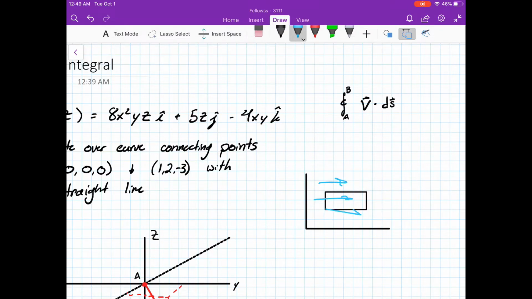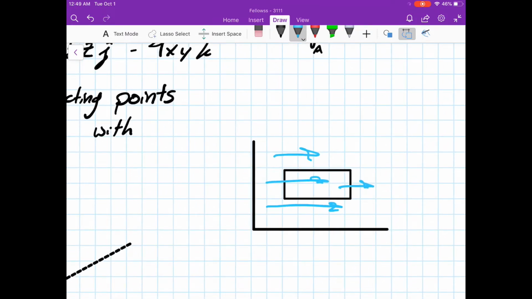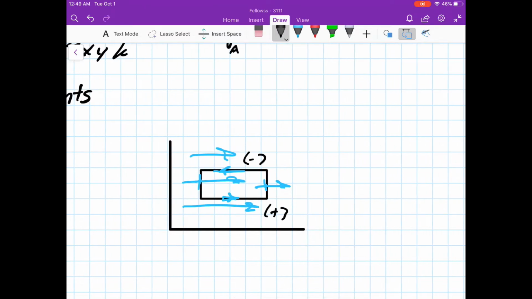And if you want to add up everything, it's normal here, and you just add them up here and add them up here, and this side's moving this way and this side's moving this way, so it's negative over here and positive over here, so the whole thing ends up being zero.